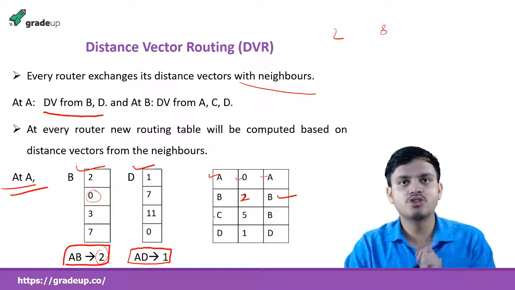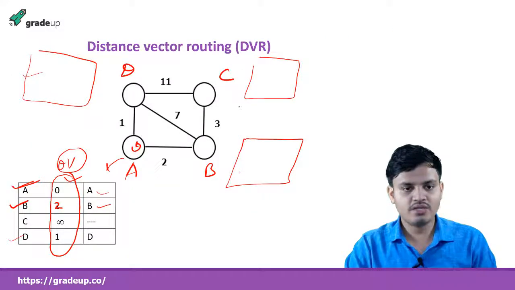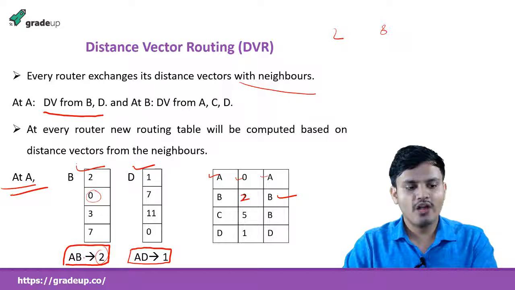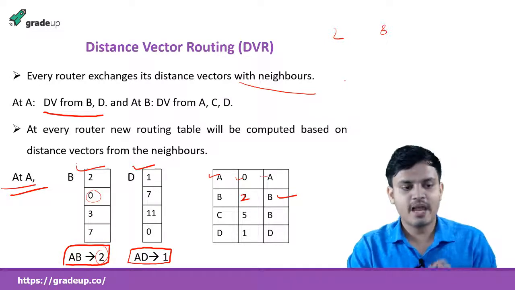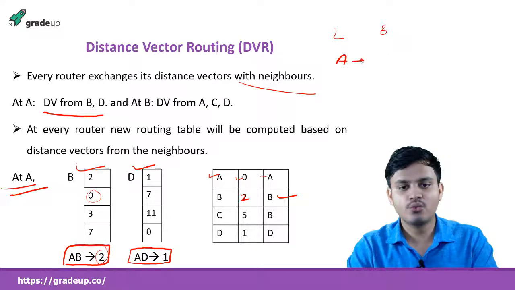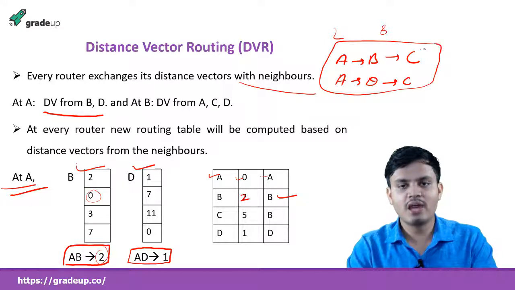Now we want to reach C. If you see here, there is no direct path to C. How will we update it? What is happening is that first we reach from A to B, then B to C, or A to D, then D to C, and we see which of them is minimum.